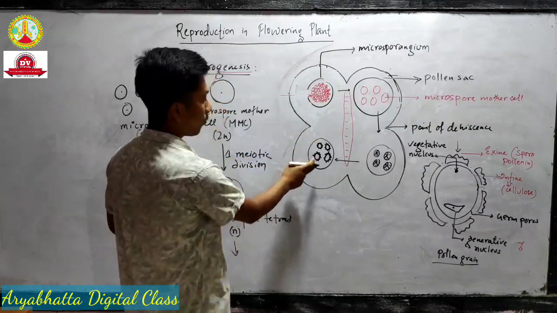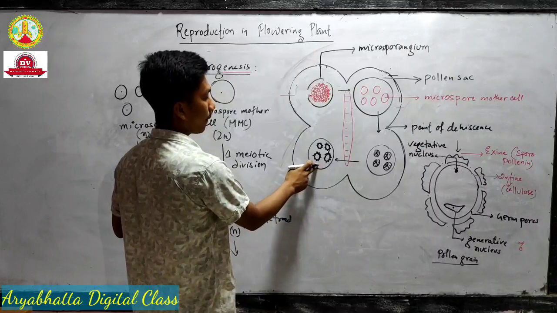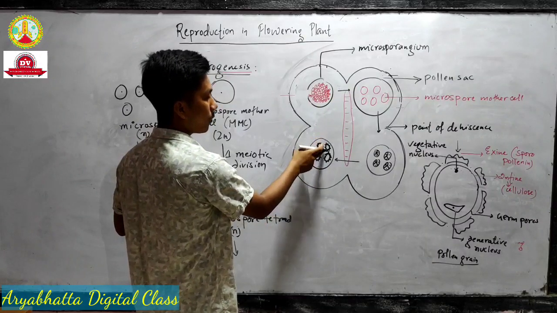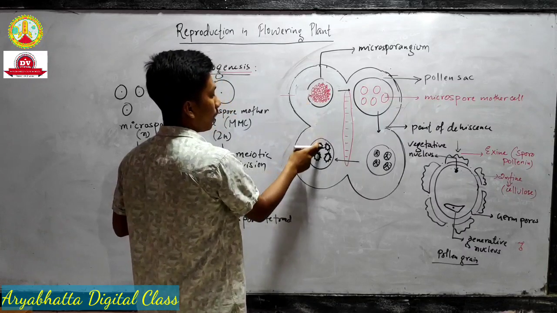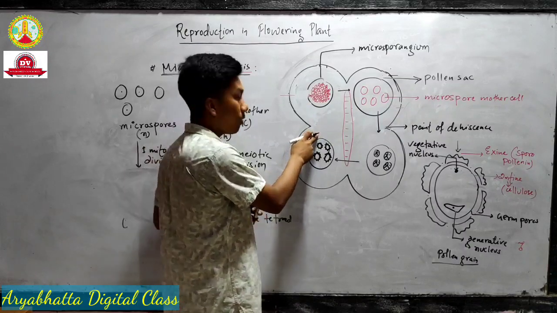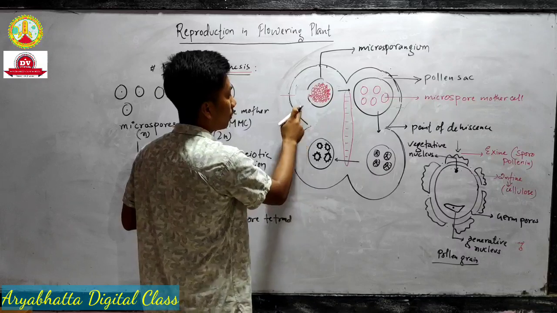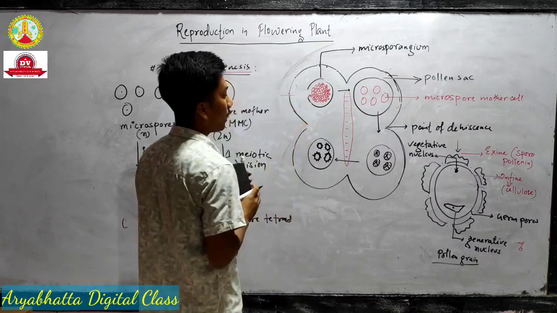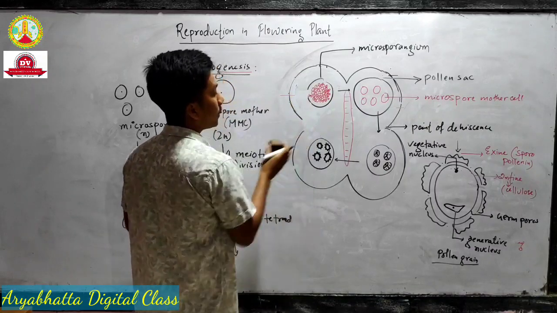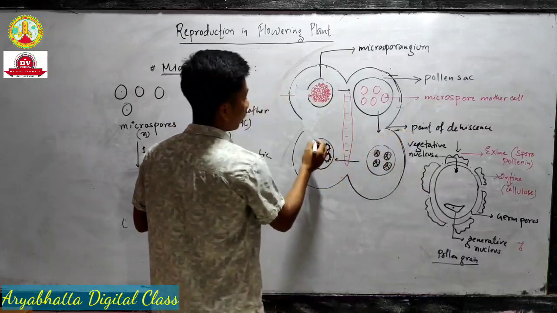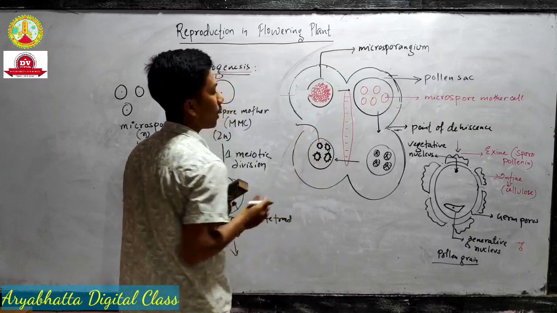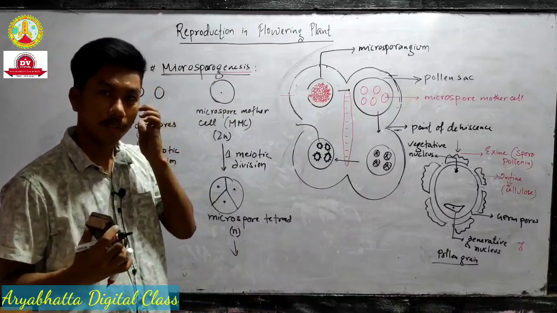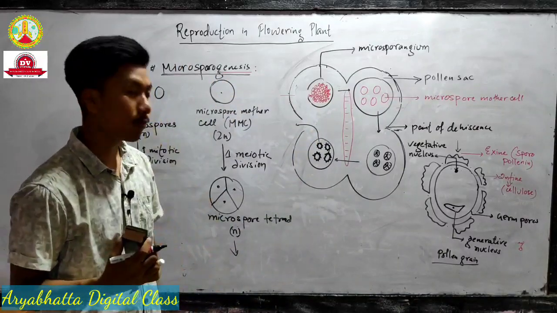Okay, so once they form pollen grains, these pollen grains will come out from those microsporangia, and then when the anther is mature, the layers at the point of adhesion rupture, and through that point of adhesion, those pollen grains will come out through the process of pollination.